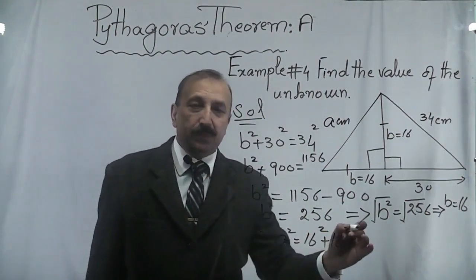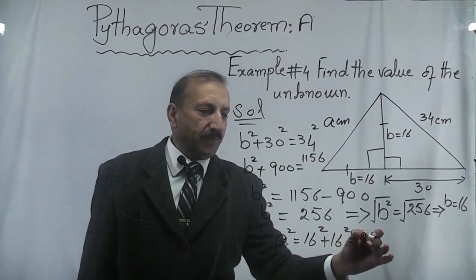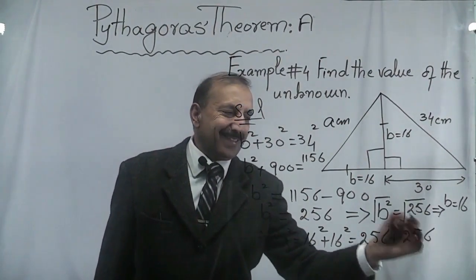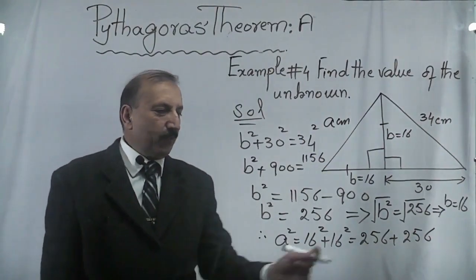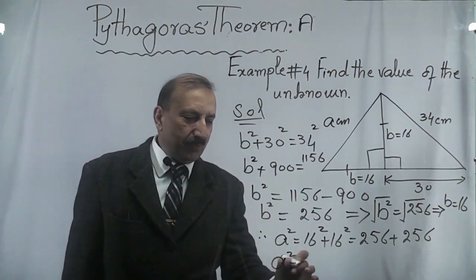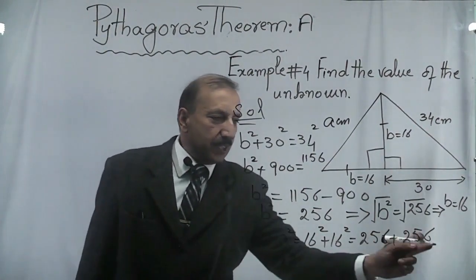This will be equal to 16 squared is 256 plus 256.